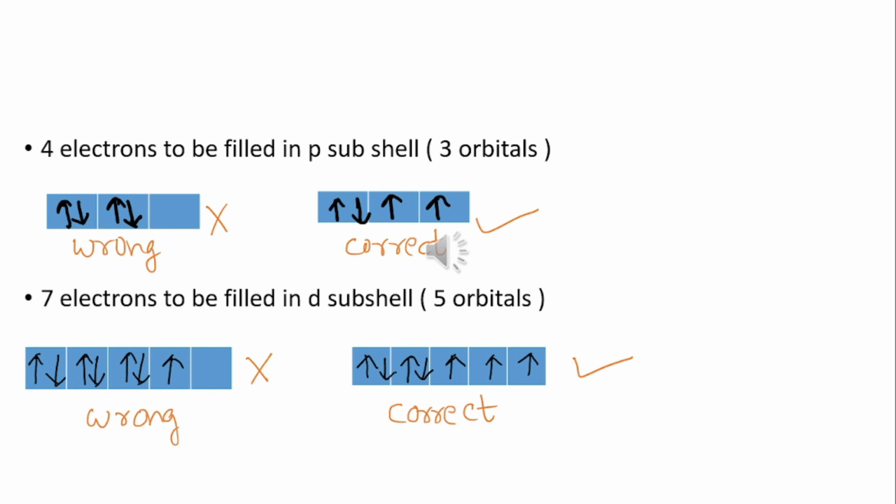So in the first way, 7 electrons are filled in such a way that 3 orbitals are having a pair of electrons and the 4th orbital is having a single electron. But that is the wrong way. In the second way, the 5 orbitals are filled up singly first, and then the 6th and 7th electrons have formed a pair.